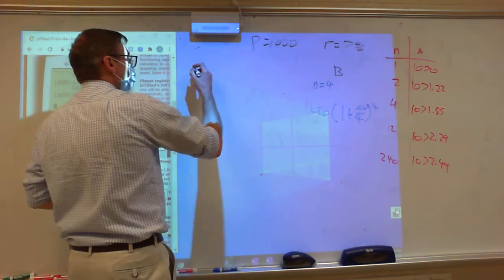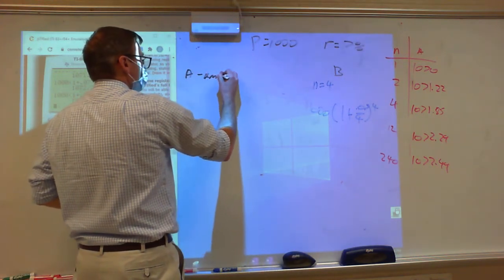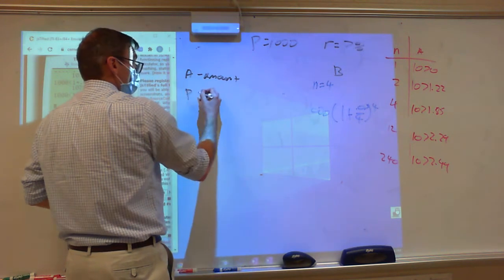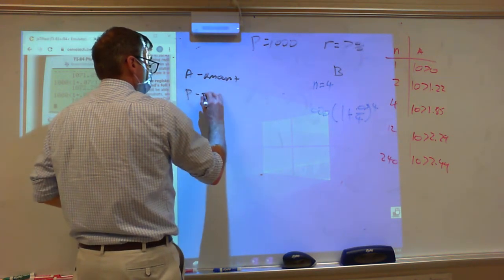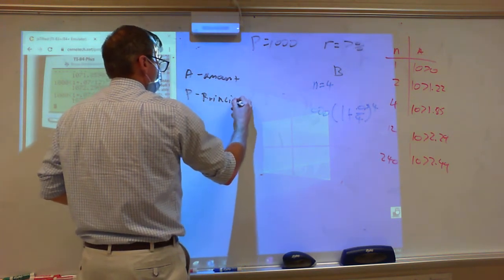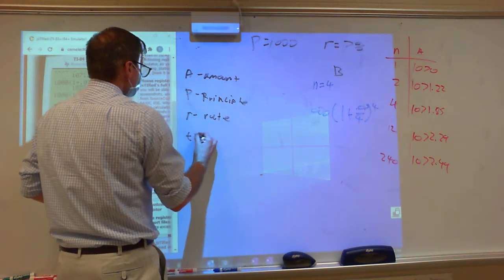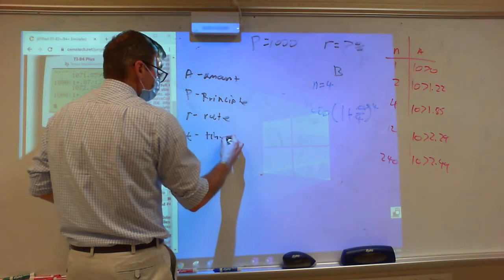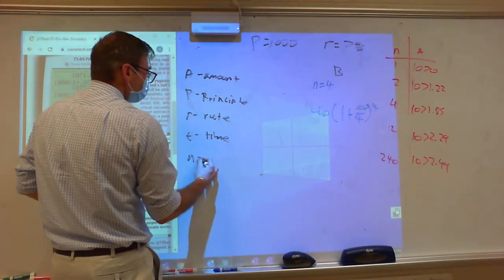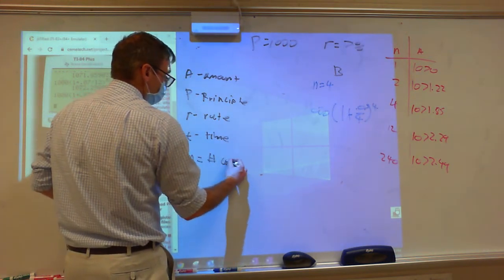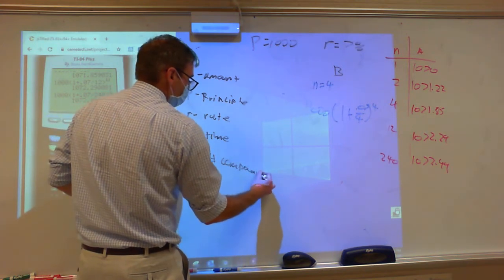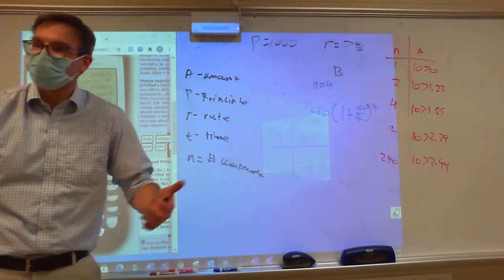The letters we have are A, which is amount, P is principal, R is your rate, T is time, which we haven't really used so far, and then N is number of times compounded, how many times you get money per year.